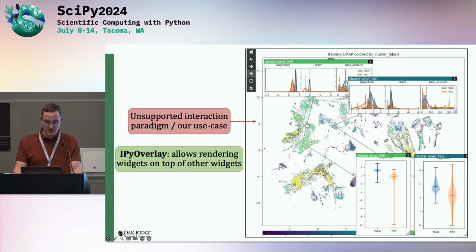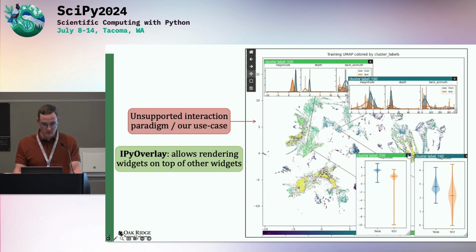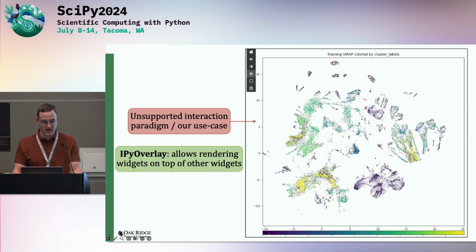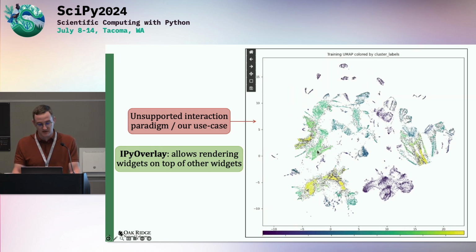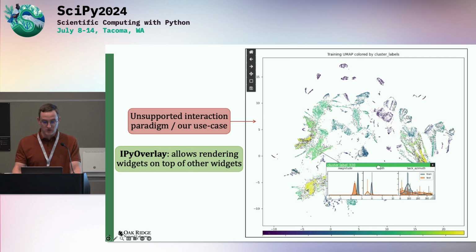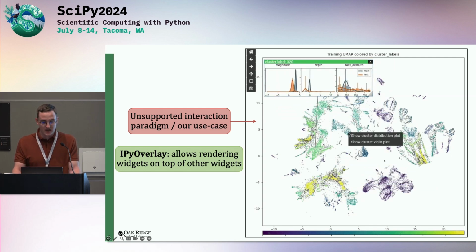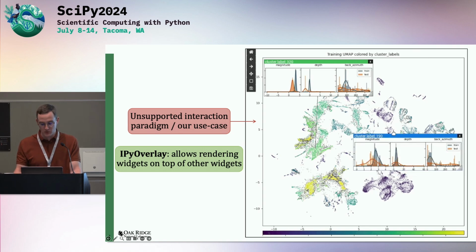As we were trying to do this, we found that it's a largely unsupported interaction paradigm in Python, at least. So that led to the development of our library called IPyOverlay, which allows rendering widgets on top of other widgets.